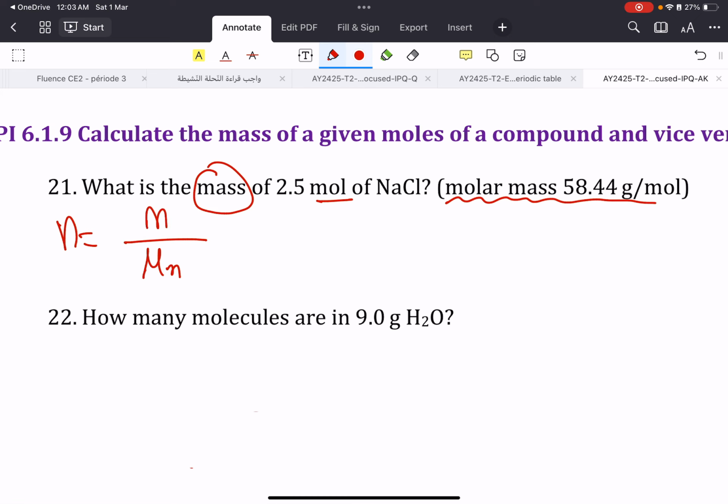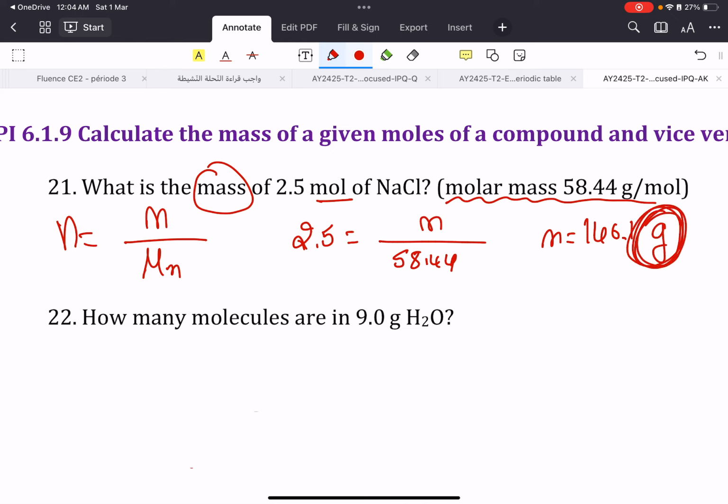So you simply substitute 2.5 equals mass over molar mass. Always, always, always write your answer with the unit. So the mass here would be 146.1 gram. Don't forget the unit of mass or else you will lose marks.